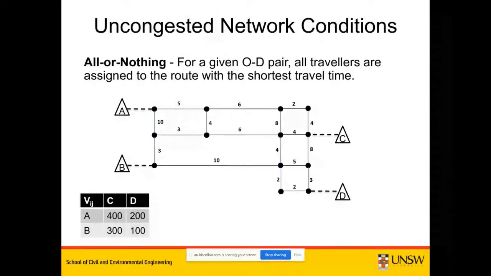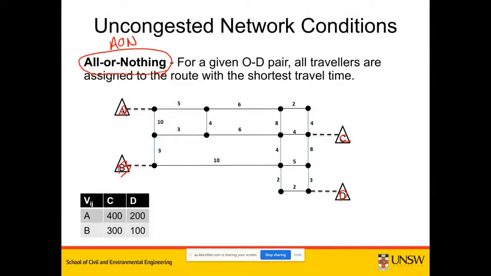Imagine the network that we're dealing with is totally uncongested, and one very simple and maybe naive way of assigning trips to different routes is called all or nothing assignment, or AON. For any given OD pair, for example, if I want to go from A to C, or from A to D, from B to C, or B to E, all travelers are assigned to the route with the shortest travel time.